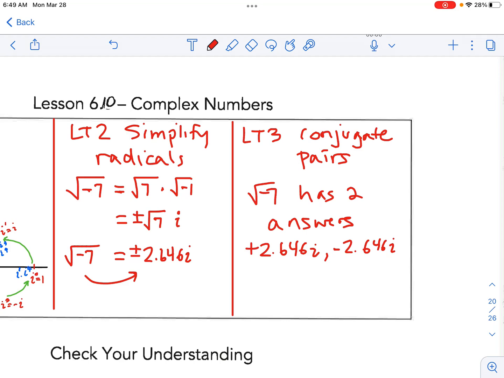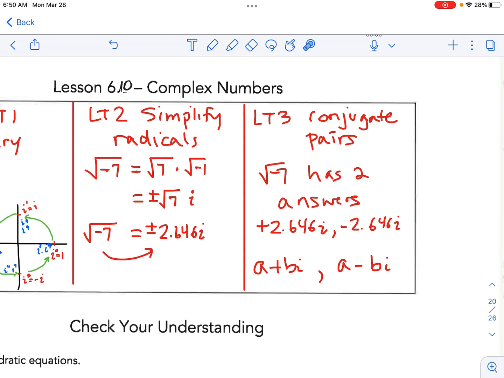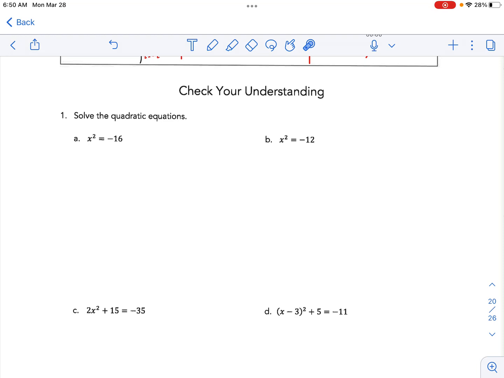In general, the conjugate pair, if we write the whole complex number, is a plus bi and a minus bi. In other words, that imaginary component, that i part, is either plus or minus. And we'll see that going forward as you check your understanding.